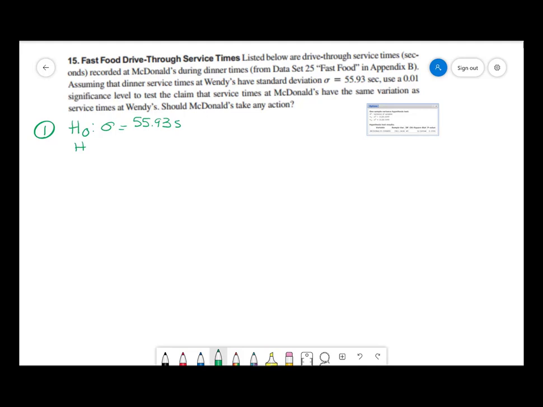And my alternative hypothesis is that they are not equal. This is a two-tailed test, and it's one sample.